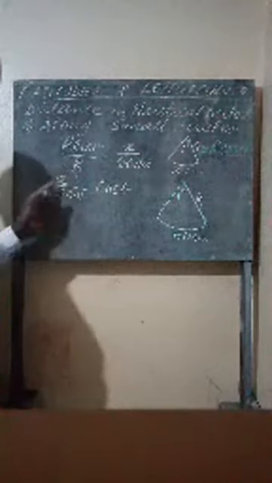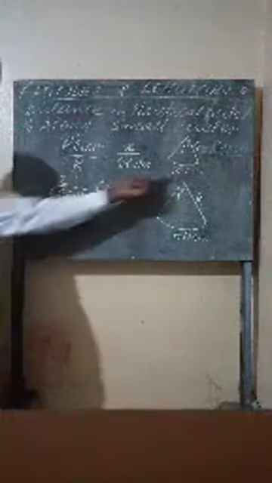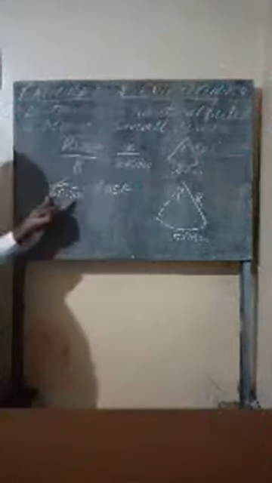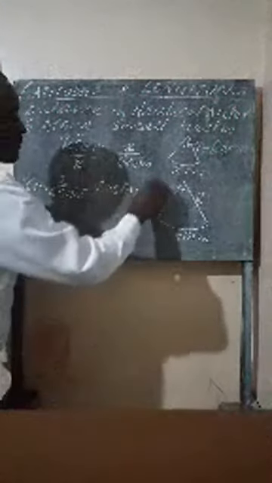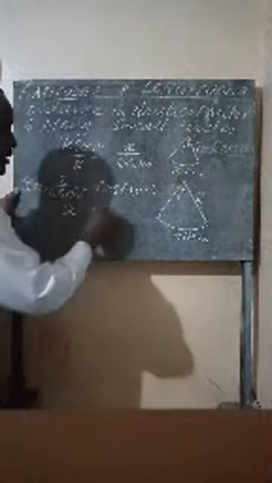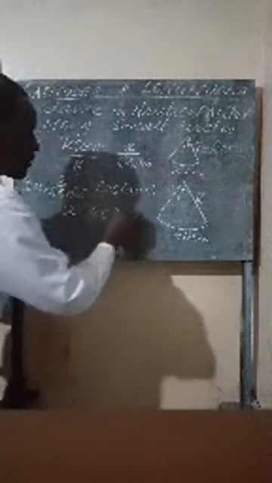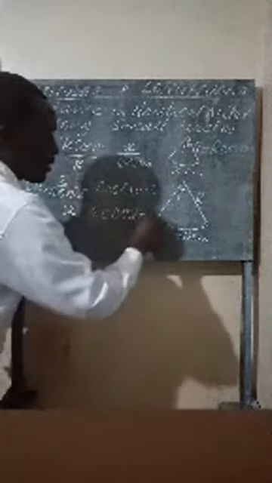Because we are looking for x, how do we make x the subject? We get rid of this 60 by multiplying both sides by 60. So this will go with this, and our x will be 60 cos theta, and that is distance in nautical miles.